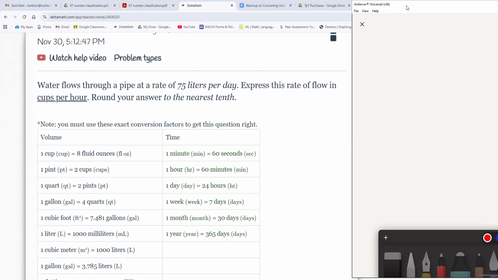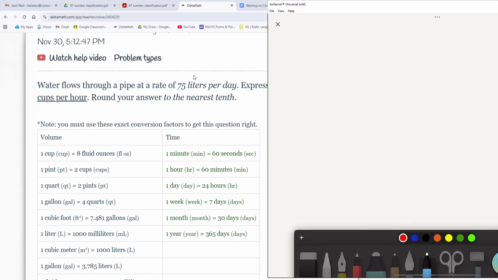All right, so here's the most important idea. Let me write this. 75 liters per, which means divide, day. And I want to convert that to cups per hour.